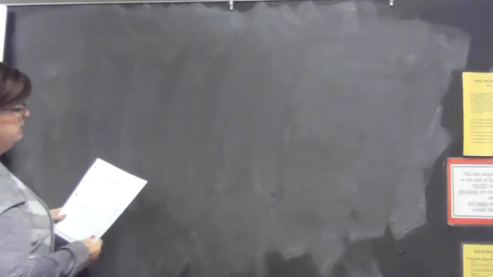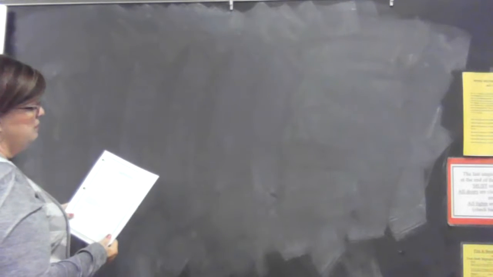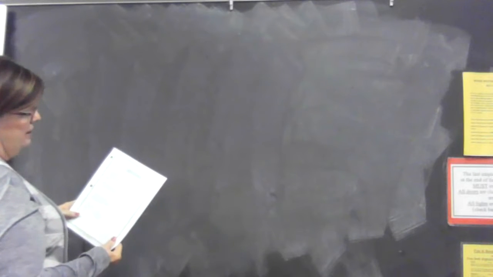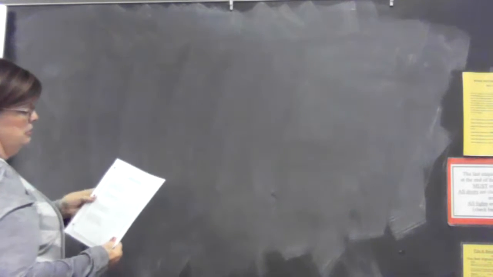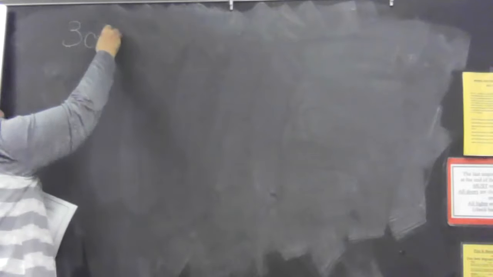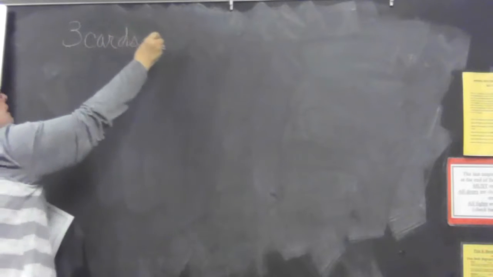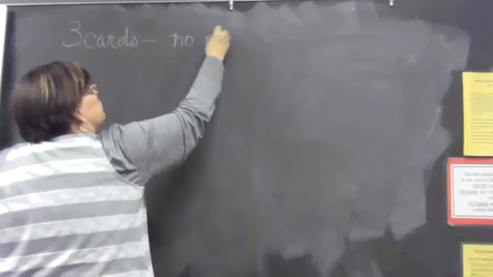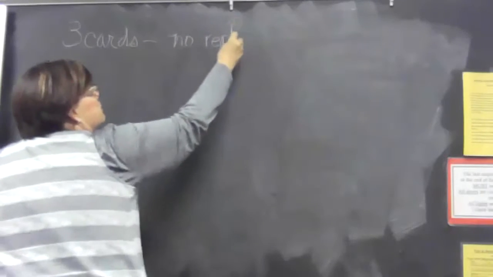Okay, number 1. For those of you on remote, it says that there are 10 cards numbered 1 to 10 in a box. The cards are shuffled and they're drawn at random. Here's the problem. We're going to take out 3 cards, 1 at a time, and we're not going to replace them. When we draw them out, we're not putting them back.